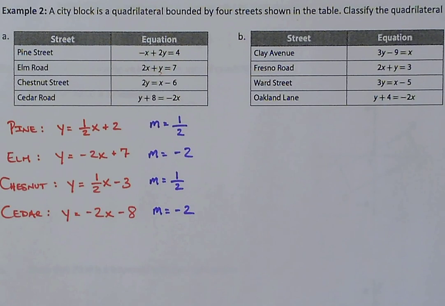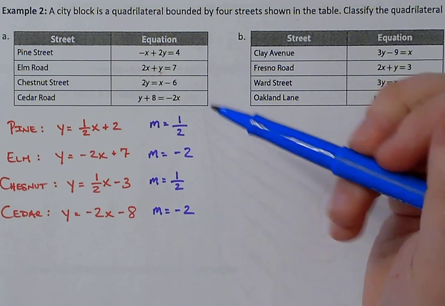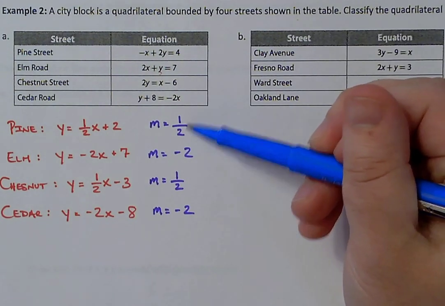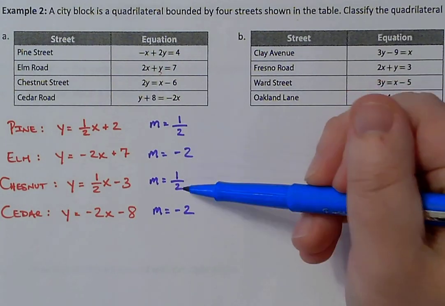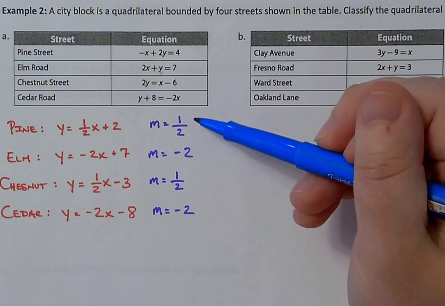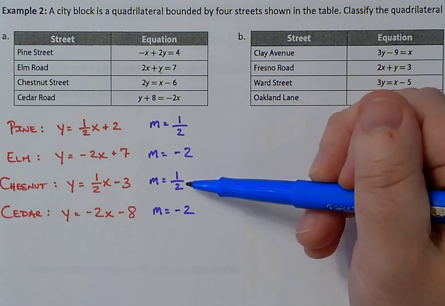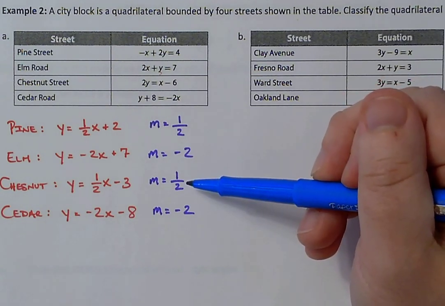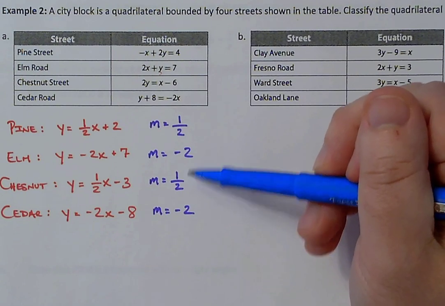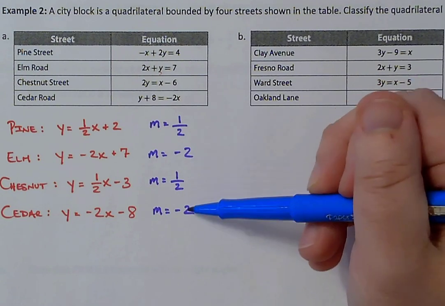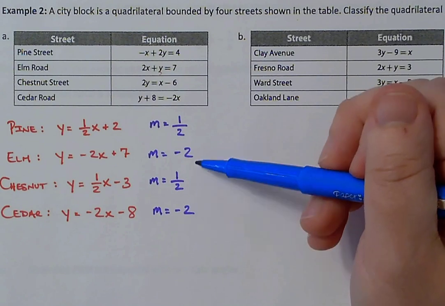So first, let's go ahead and look at if it is a parallelogram. Pine and Chestnut have the same slope of 1/2. So that means that Pine and Chestnut Street are parallel to each other. And then we also see with Elm and Cedar that they're both the same at negative 2.